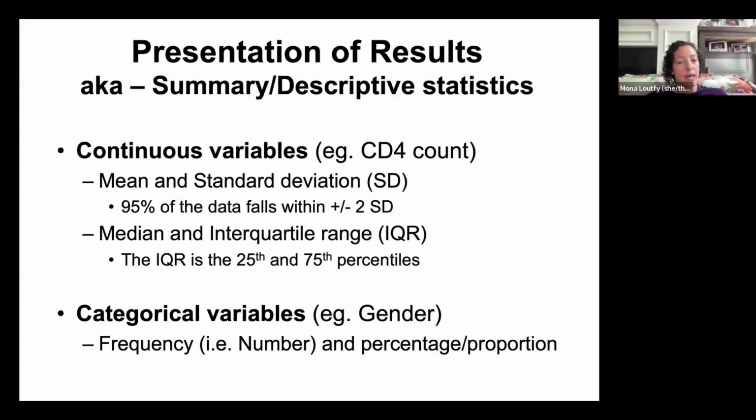I personally don't like to do that because if you report age with the lowest number and highest number, it could potentially be a form of identifying people because you're giving their actual ages. Do you see that? So I don't like using range for summary statistics. With median for a continuous variable, I prefer interquartile range.